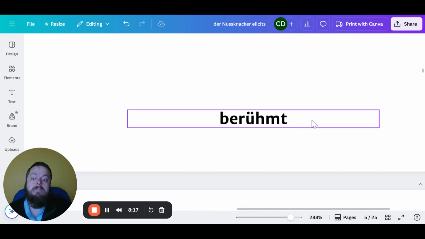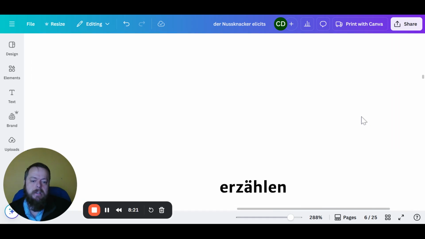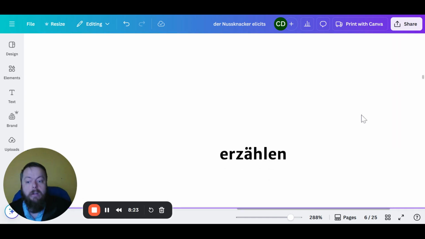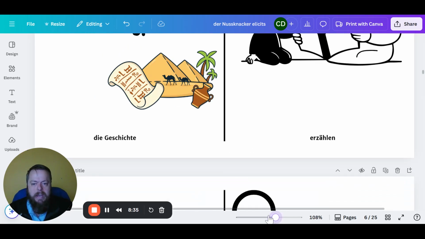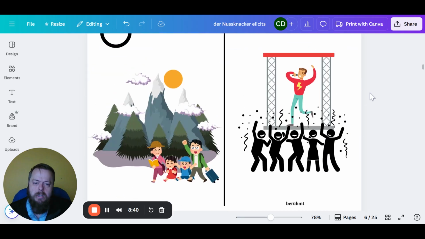And they're like, oh, it's famous or popular. Or then I show them this one, and I say erzählen. I only show them the word, and then we go back into English. So they're making a stronger connection between them. But that's basically it. The eliciting has eliminated for the most part my need to review everything.